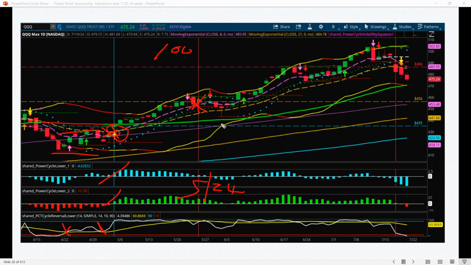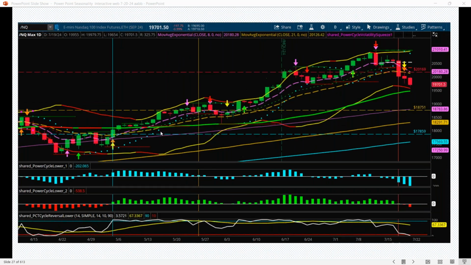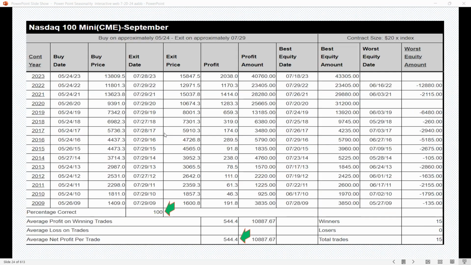Here was the system entry. Here was the system exit. And let's see, I think it's actually, yeah, see, it's still in the trade. See that? That's the other thing. I don't just rely totally on the seasonals.